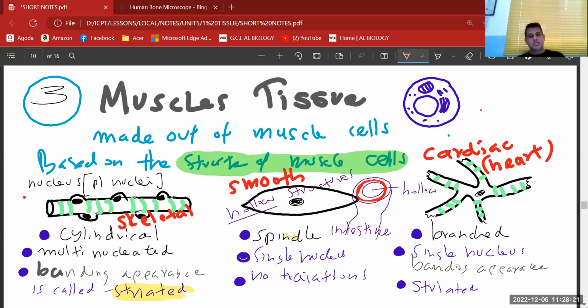Their appearance is completely different. One is cylindrical, one is spindle shaped, another is branched. When many cells join together, they make the structure. Skeletal muscle cells join together to make the muscles of the arms and legs attached to the bones.